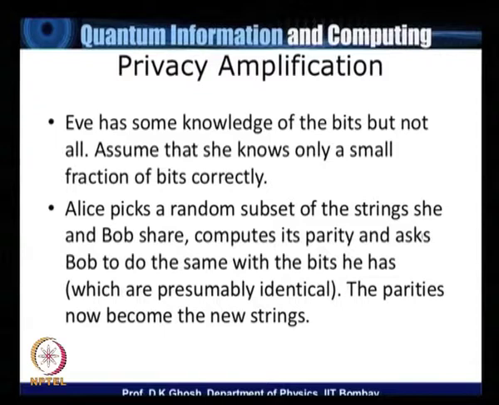Now that the reconciliation is done, ideally we have a set of strings between Alice and Bob which are identical. Now Alice randomly picks a subset of these strings which she shares with Bob.